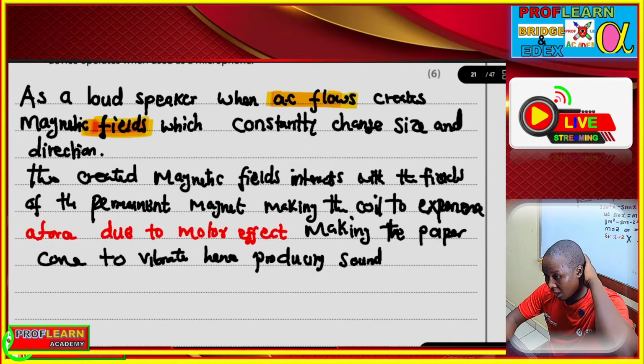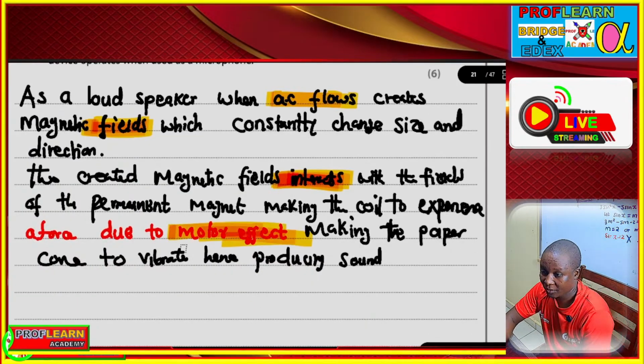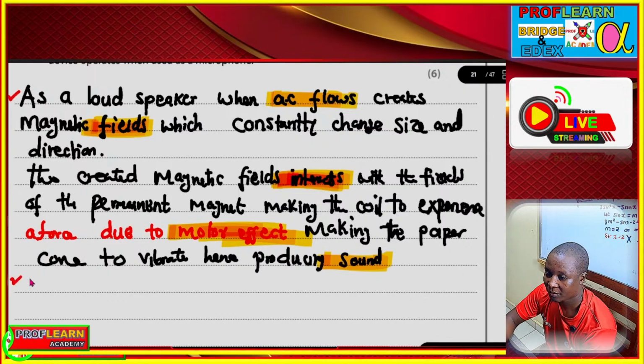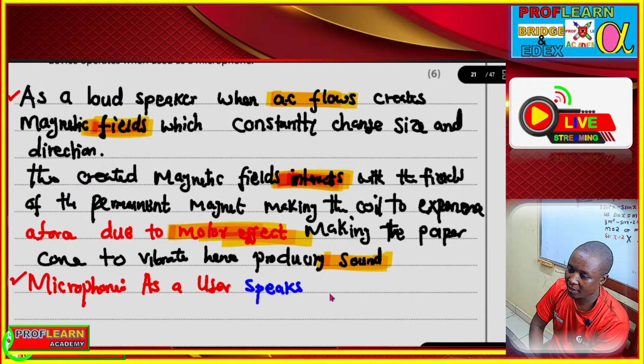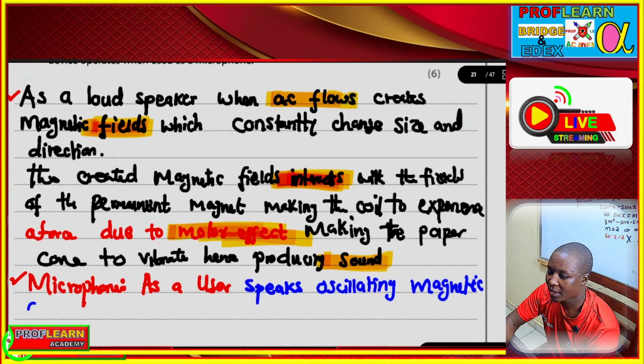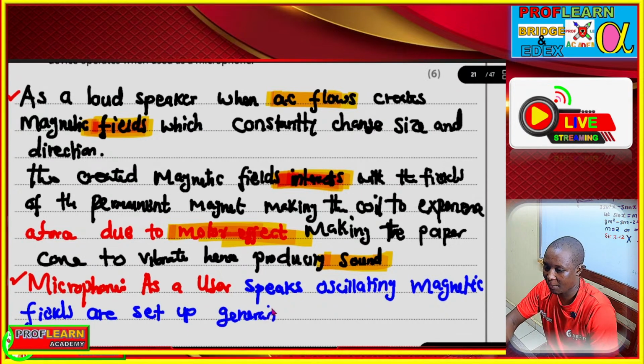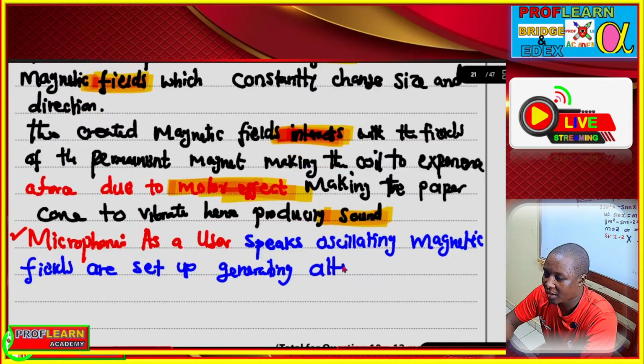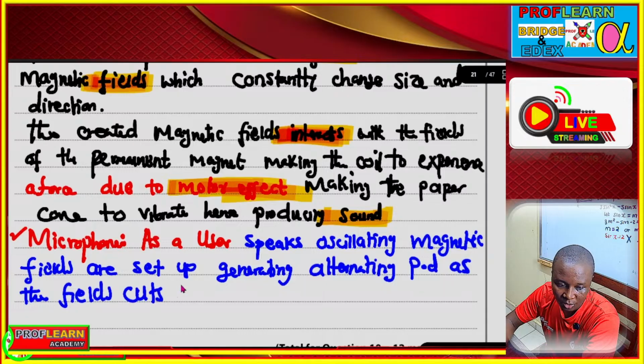And then for a microphone, when the user speaks, oscillating magnetic fields are set up, generating an alternating potential difference which results in a flow of signal.